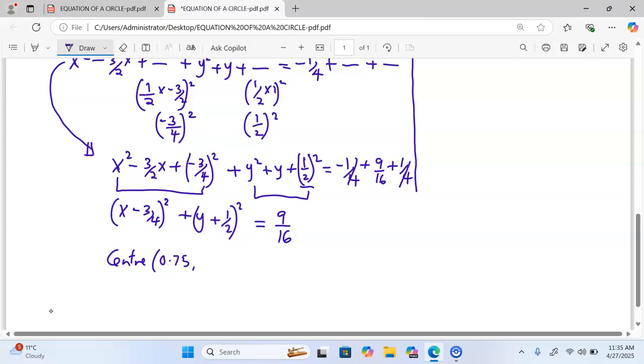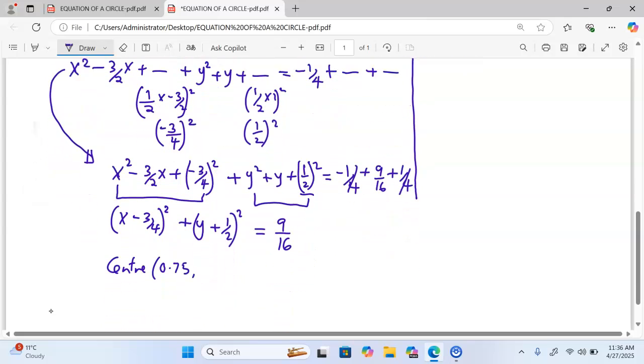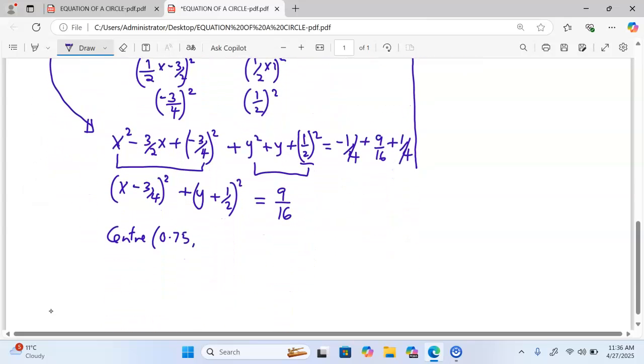Then our b is half. Remember we have minus b, and if this is a positive, we are going to have negative 0.5. We are going to have 0.75, negative 0.5 as the coordinates of the center.